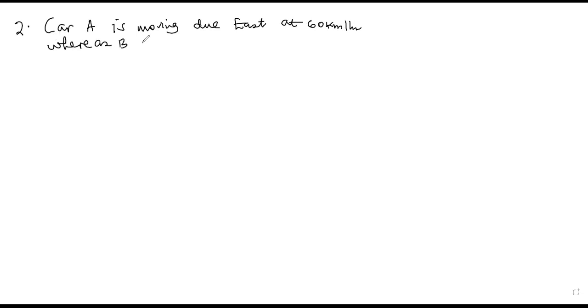Number 2. Car A is moving due east at 60 kilometers per hour, whereas B is moving in the direction north 60 degrees west at 50 kilometers per hour.